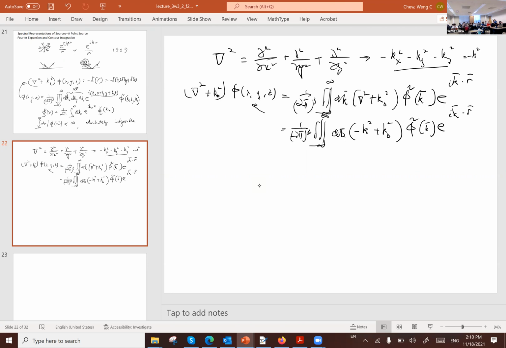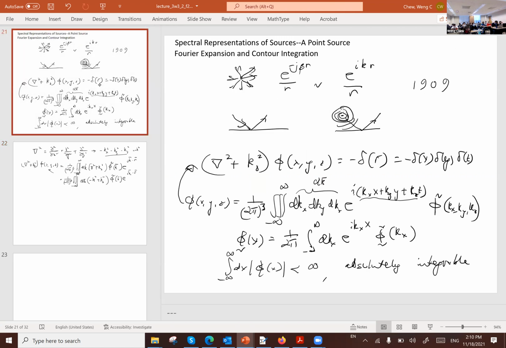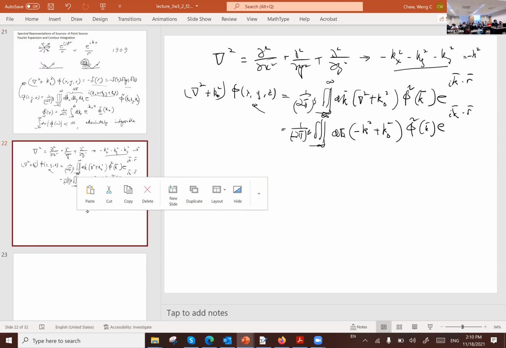The right-hand side will be this thing over here. This is the left-hand side.